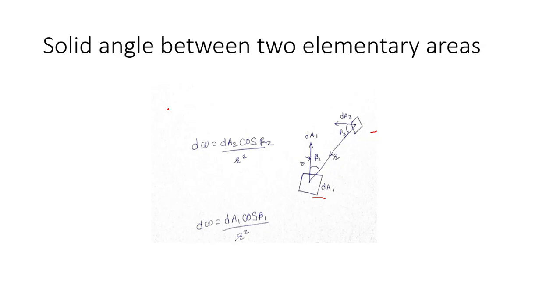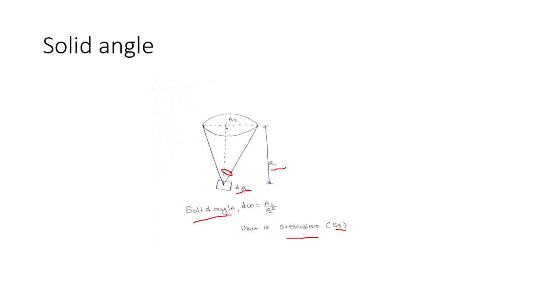So if the radiation is transferred from 1 to 2, then solid angle d omega is equal to dA2 cos beta 2 upon r square, if it is at some angle. In the previous case we saw that area 1 and area 2 are at a straight distance.